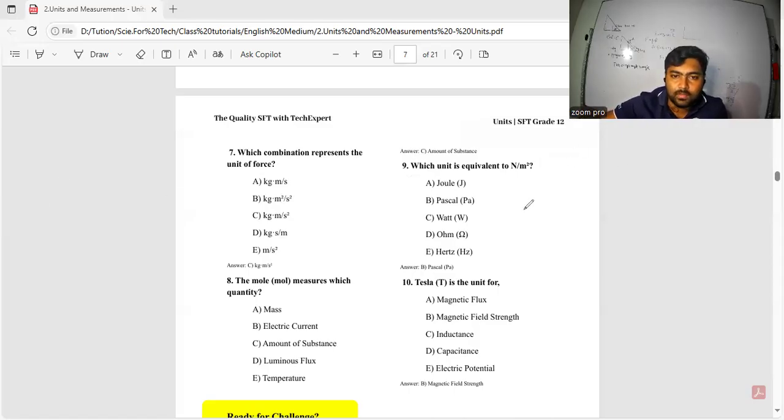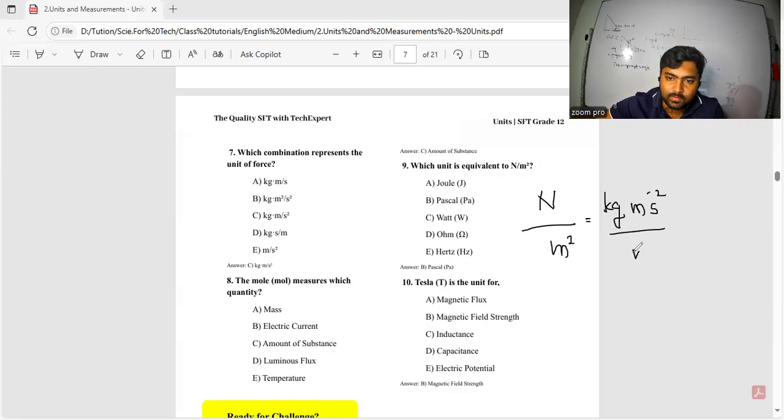So let's see. You have to divide this Newton by square meter, no? Then this Newton can be written again in kg m s^-2, divided by m^2, like this.